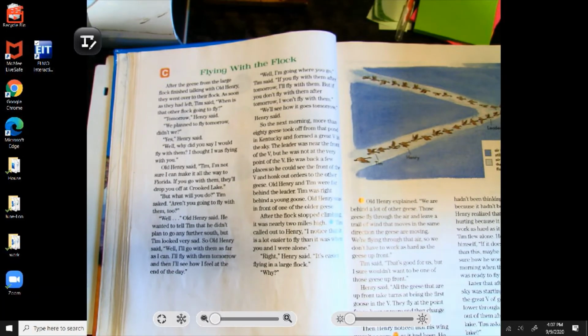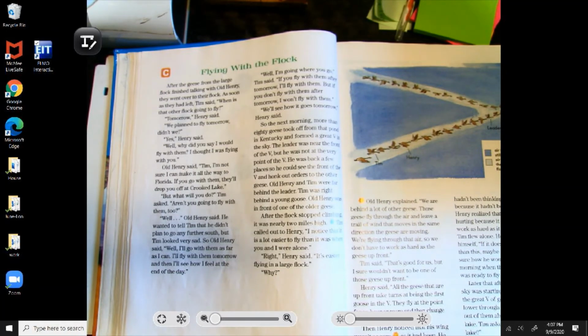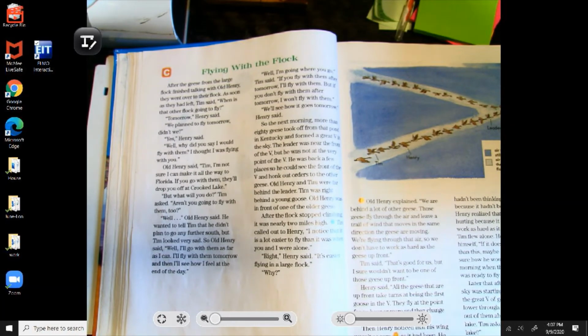Old Henry said, "Tim, I'm not sure I can make it all the way to Florida. If you go with them, they'll drop you off at Crooked Lake." "But what will you do?" Tim asked. "Aren't you going to fly with them too?" "Well," Old Henry said.